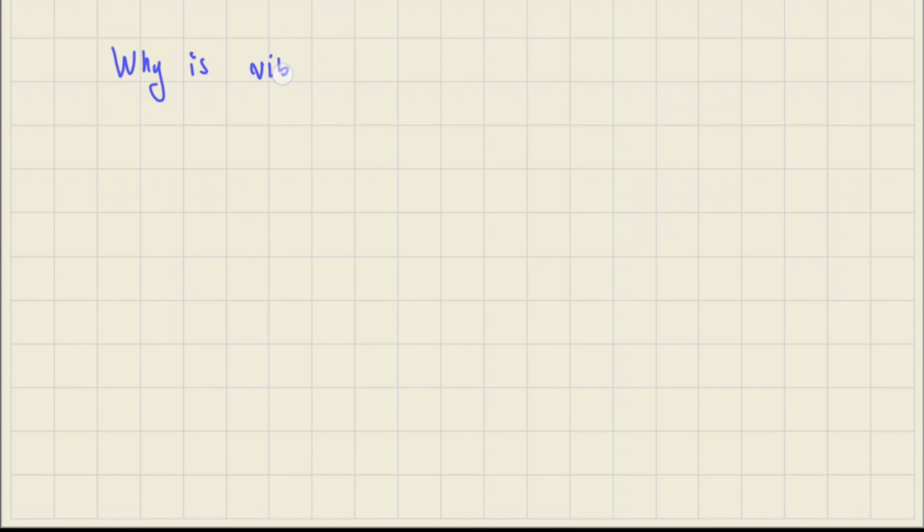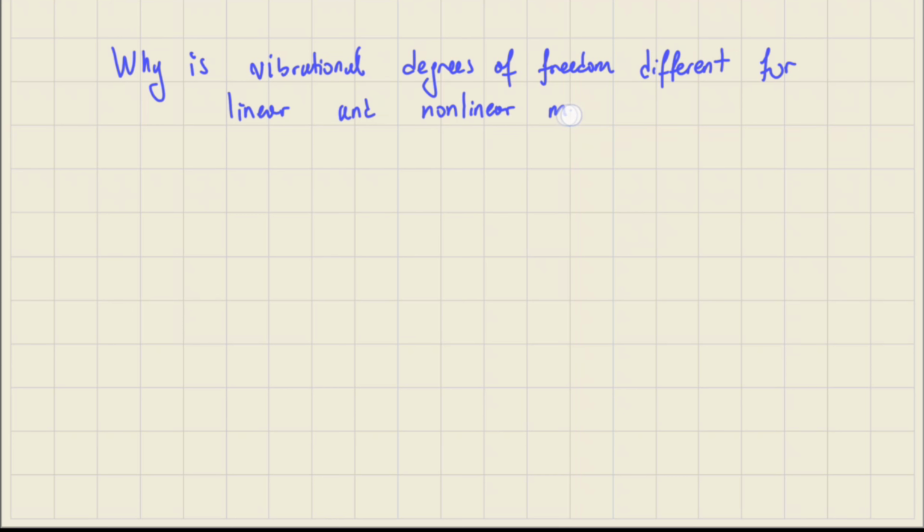Why is vibrational degrees of freedom different for linear and nonlinear molecules? As I mentioned, linear molecules have 3n minus 5 vibrational modes. 3n is for the translational, rotational, and vibrational modes.